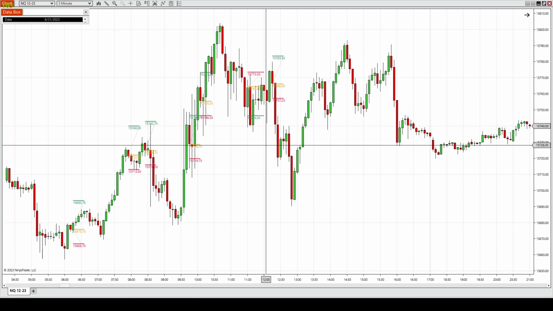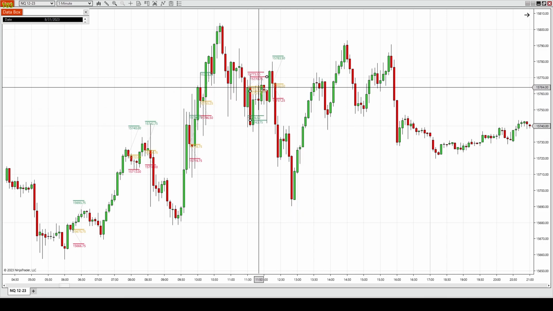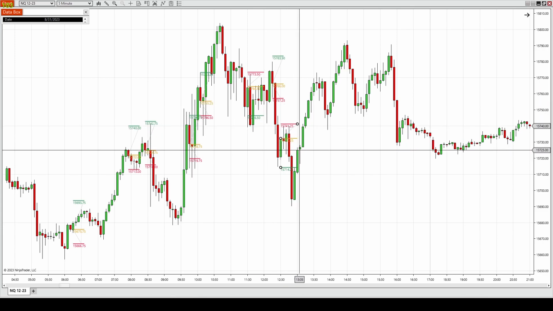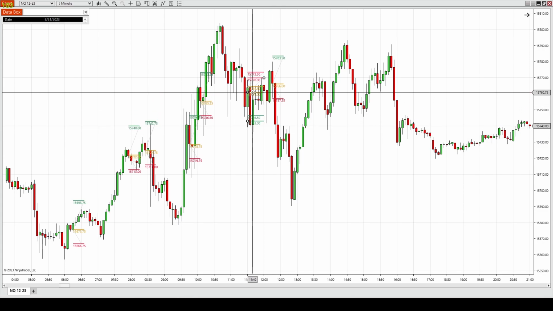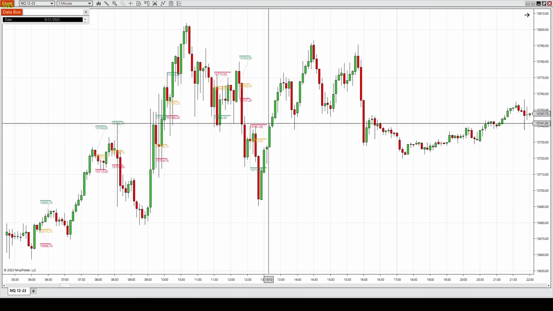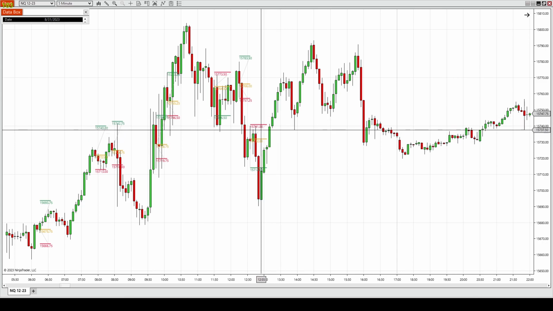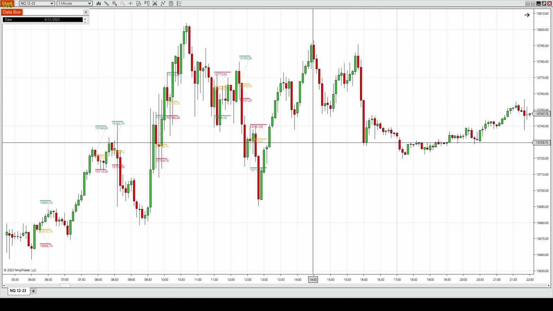Straight down. And now we have again another pullback after breaking structure. Again, the key with this is really to just make sure structure is broken. When structure breaks, good things happen. Again, this one would be really close to stop loss, so gotta be careful. But overall, great trade. Let's continue.